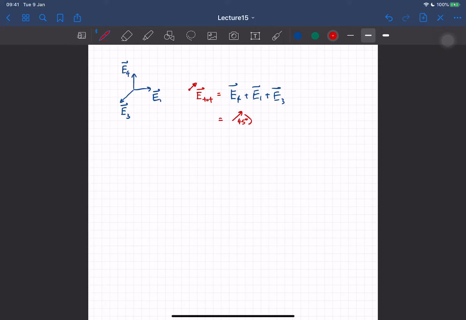And the magnitude is, well, I just put in the number, times 1 minus root 2.